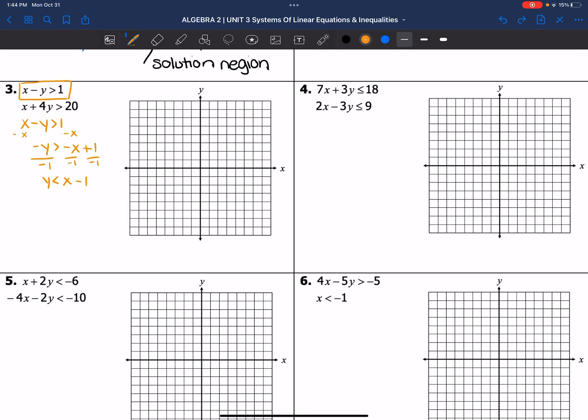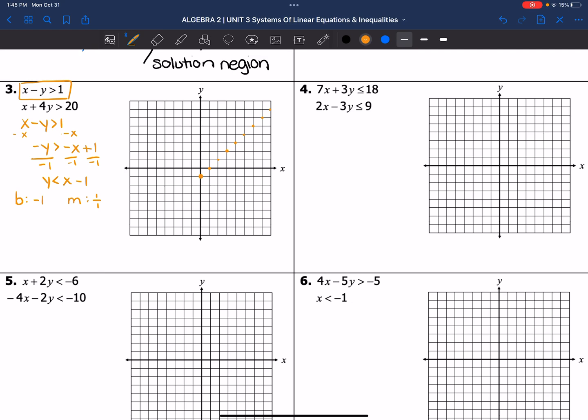Let's write our beginning value and our slope value here. We will begin at negative 1, that is our y-intercept, and then our slope is 1, or 1 over 1. So we'll just go up 1 over 1, up 1 over 1, up 1 over 1, just like so.